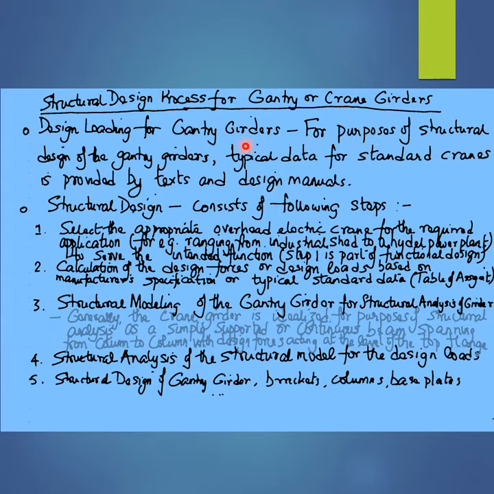For the purposes of discussion of the structural design process for steel gantry girders or steel crane girders, we will be referring to the standard data on overhead electric cranes as presented in the table that is provided along with the assignment number 3.